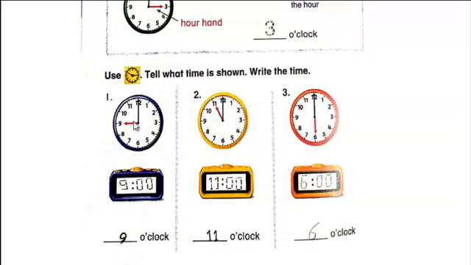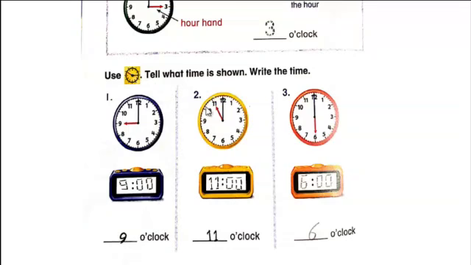The hour here is 9, so right here 9. And on the right side, o'clock means that the minutes equal 00. So here, 9 o'clock.